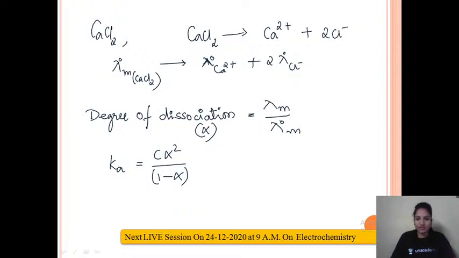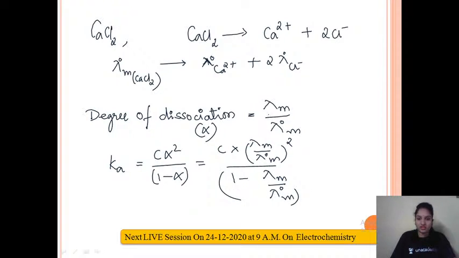Now what is the value of alpha? Alpha is lambda m upon lambda naught m. So C into lambda m upon lambda naught m, whole square, divided by 1 minus lambda m upon lambda naught m.